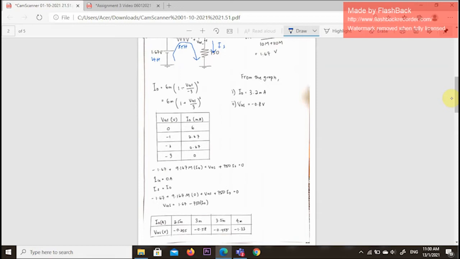So we substitute this into the equation. The 9.167 mega times 0 we can exclude, so we get 0 plus VGS plus 750 ID equal to 0. So we arrange the equation, and we get VGS equal to 1.67 minus 750 ID.